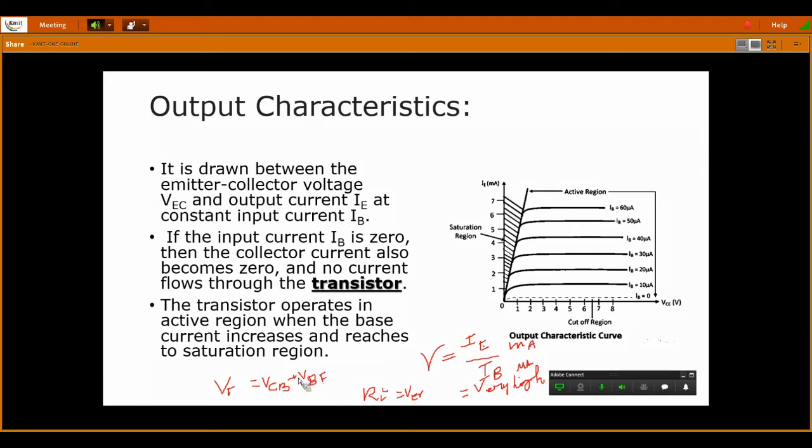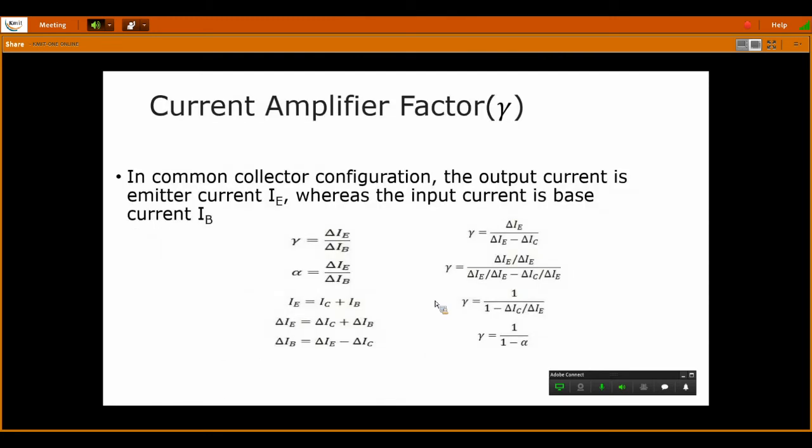Now the base to emitter junction voltage is approximately equal to 0.7. Hence the collector to emitter voltage is approximately equal to the collector to base junction voltage. So the voltage gain of the common collector configuration is approximately equal to 1. So this is the amplification factor gamma, the change in emitter current with respect to the change in base current, or the change in output current to the change in input current.